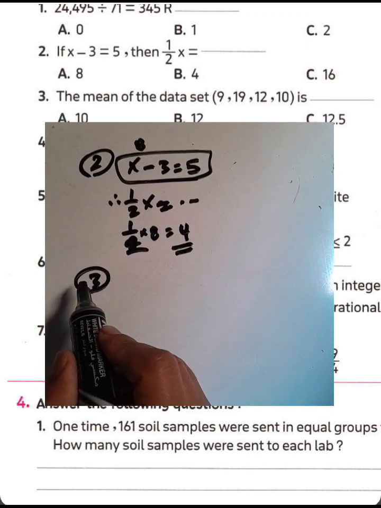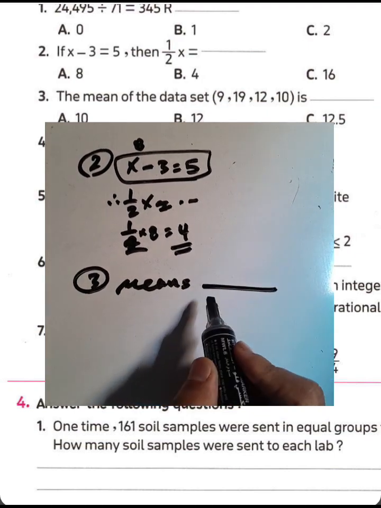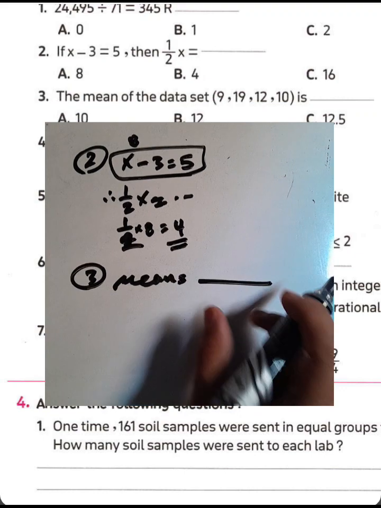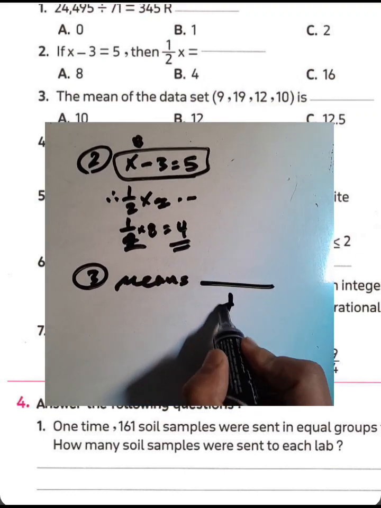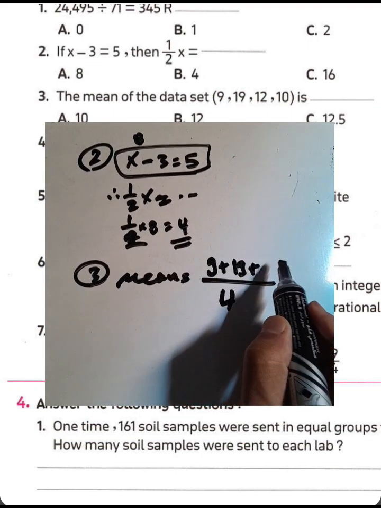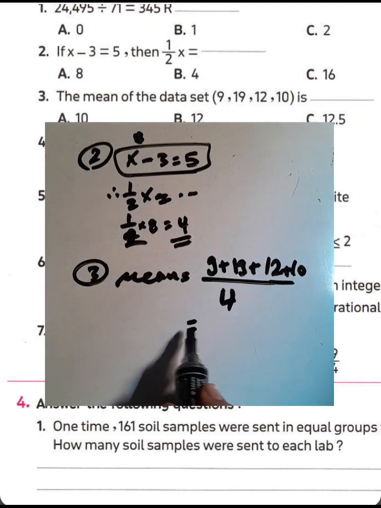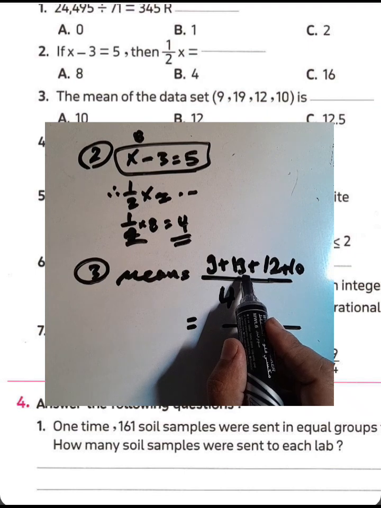Question number 3, the mean of the data. We can find the mean by adding all the numbers and dividing by the count of numbers, here 4. We have 4 numbers here, 1, 2, 3, 4, and add all the values: 9, 19, 12 and 10. Write 4 in the denominator. 9 plus 9 equal 18. 18 plus 2 is 20.